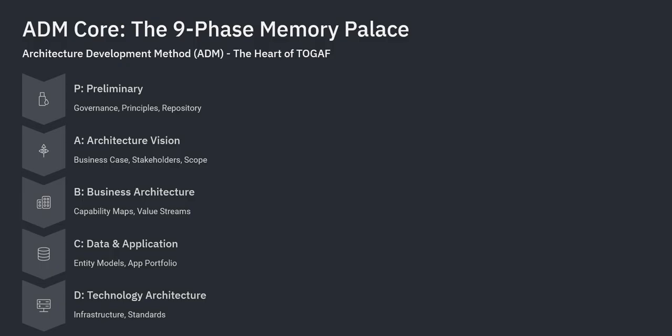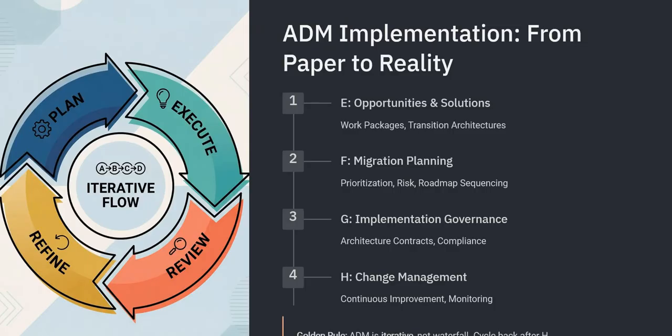The basic fundamental required is the ADM, the Architecture Development Method, which has 9 phases. You should know the fundamental concepts for the Preliminary phase, Architecture Vision, Business Architecture, and Data, Application and Technology Architecture. Then the later phases are Opportunities and Solutions, Migration Planning, Implementation Governance and Change Management.